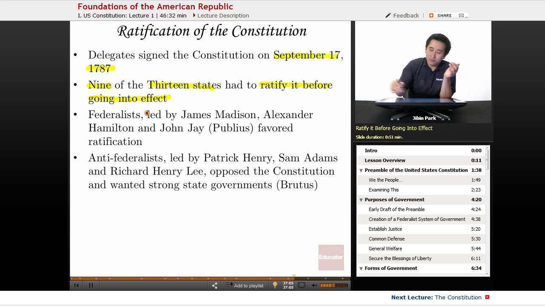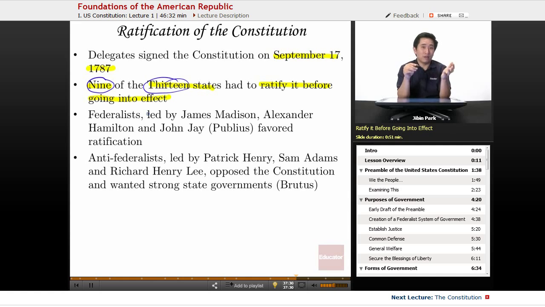So even though 9 of the 13 states were required according to the provisions of the yet unpassed Constitution, if you had Rhode Island or Delaware or New Jersey refusing to sign, then you would have had a problem. But eventually all of the states did end up signing.